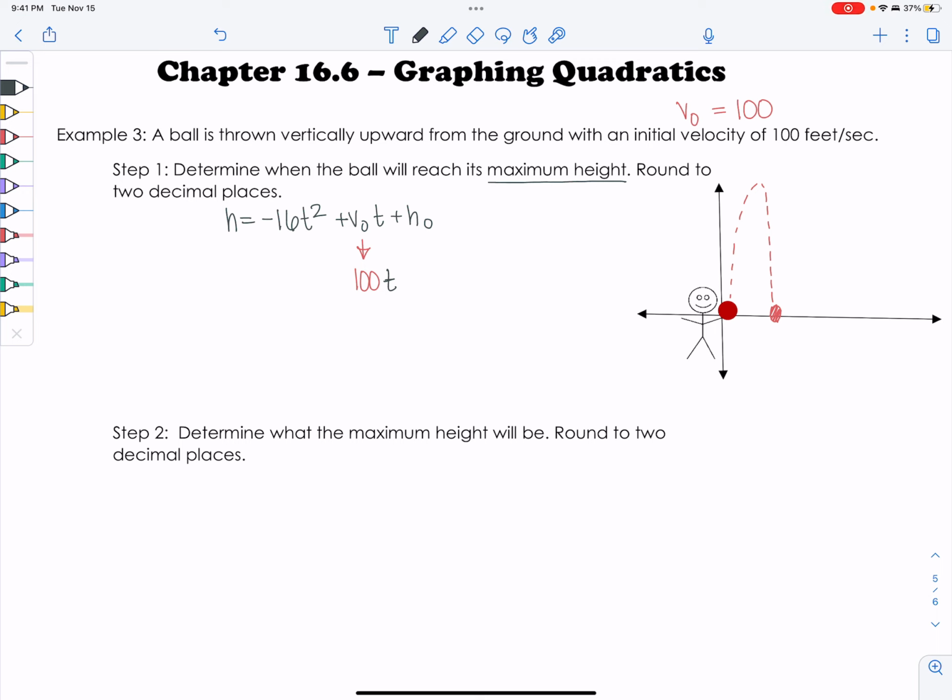I drew this picture because this ball is starting on the ground. And because the ball is starting on the ground, the initial height is going to be 0.